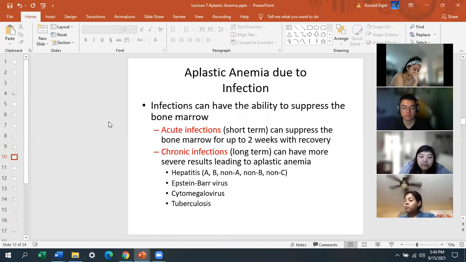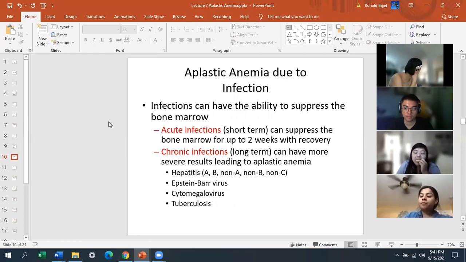Infections. Infections can have the ability to suppress bone marrow activity, resulting in aplastic anemia. Acute infections can suppress the bone marrow for up to 2 weeks with recovery, and chronic infections can have severe results. Chronic infections can cause your bone marrow to shut down.